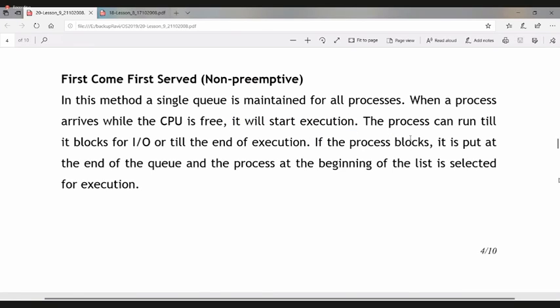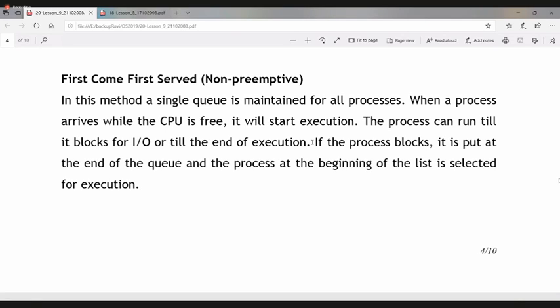Then the process can run till it blocks for IO or till the end of execution. So the first one to enter the CPU can run until it blocks for IO or till the end. If the process blocks, what will happen? It is put at the end of the queue, and the process at the beginning of the list is selected for execution.